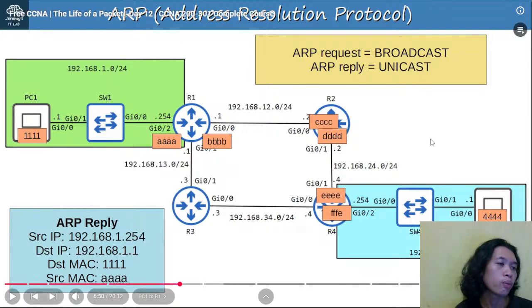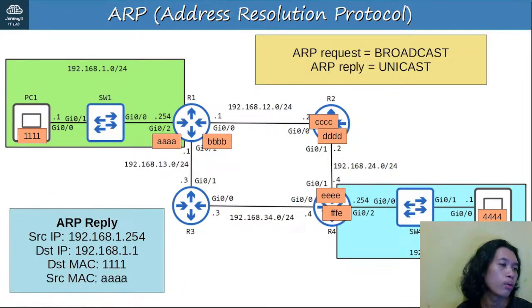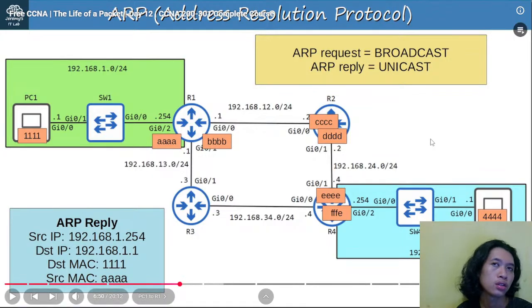And the ARP request is a broadcast. So for the broadcast, it floods out of the network, and when it reaches the destination for that ARP request, the ARP reply will be unicast.